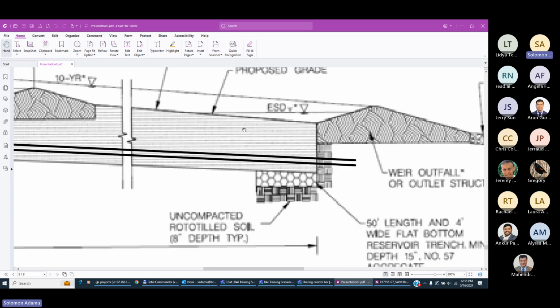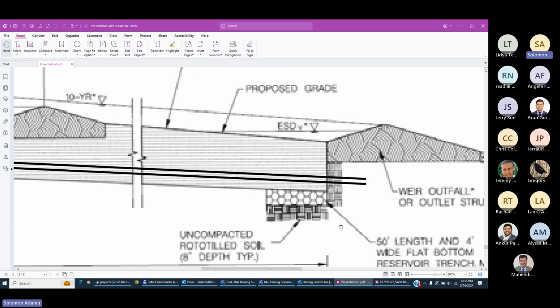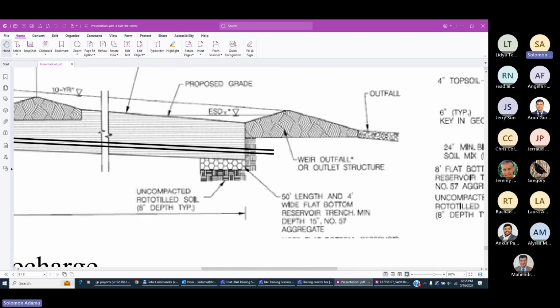You see, for this very example, for this bioswale, we provide a flat bottom area here.